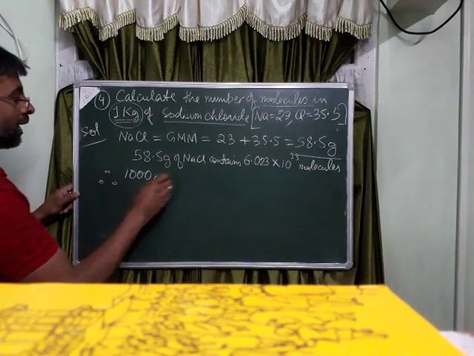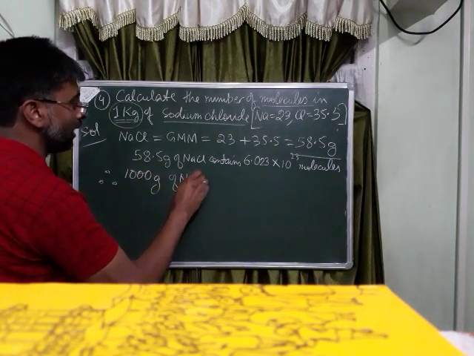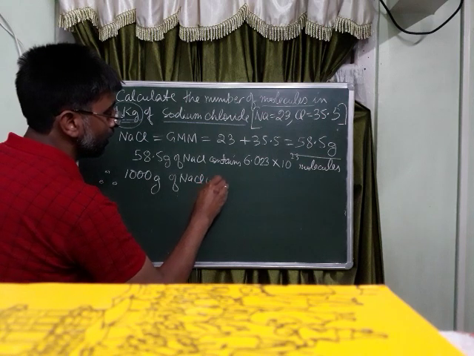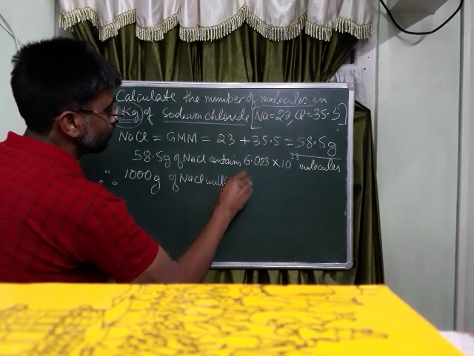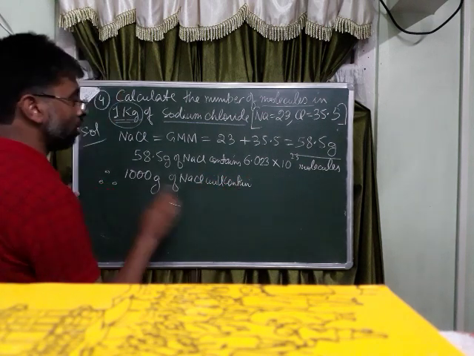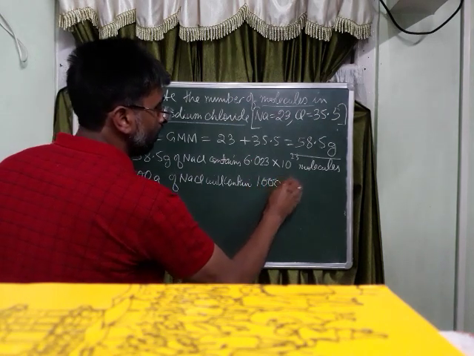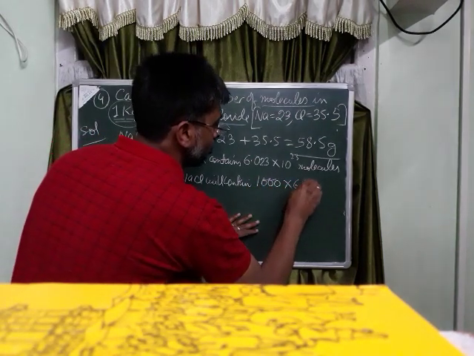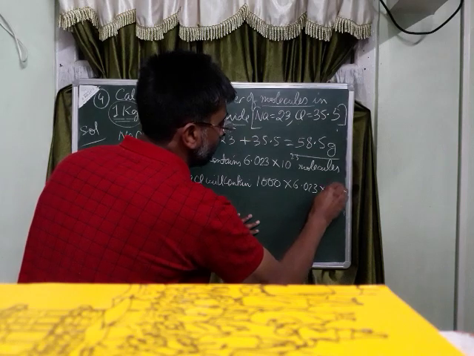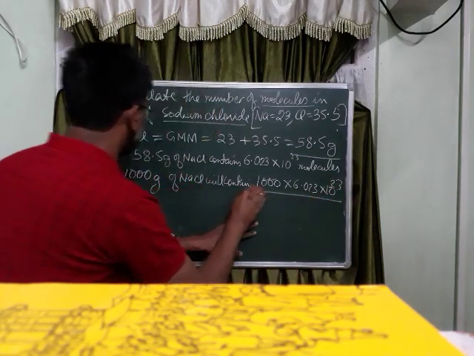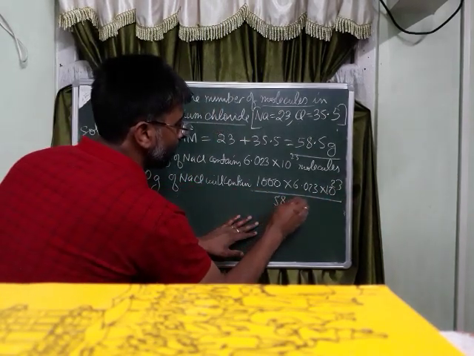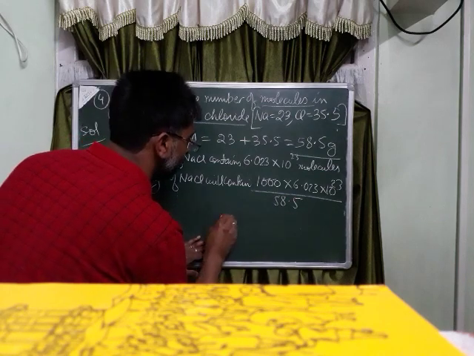Therefore, 1000 gram of sodium chloride, NaCl, will contain 1000 multiplied by 6.023 into 10 to the power of 23 divided by 58.5 so many molecules.